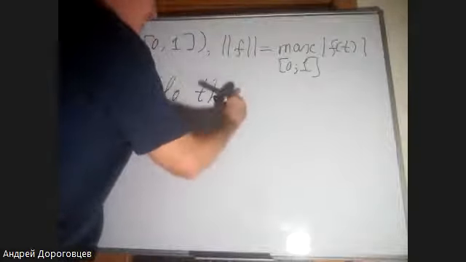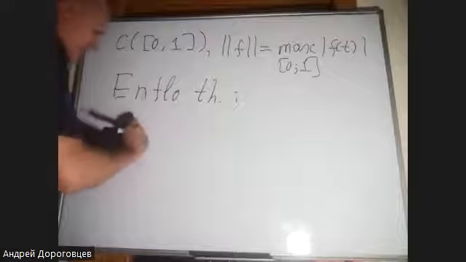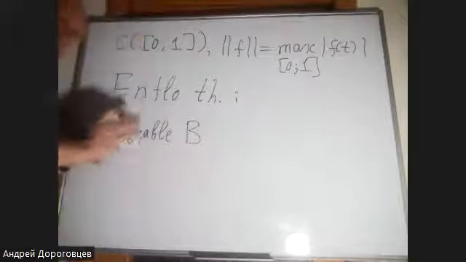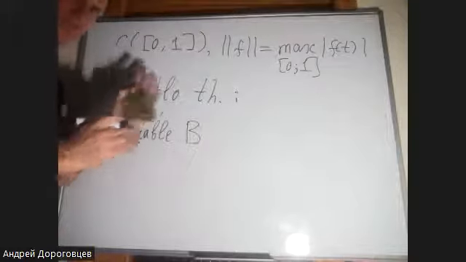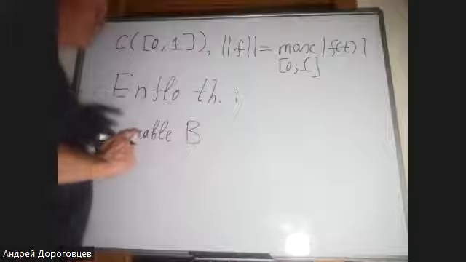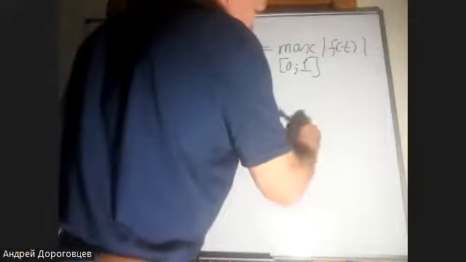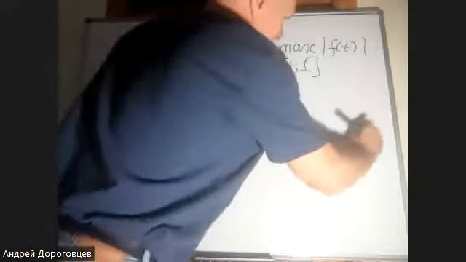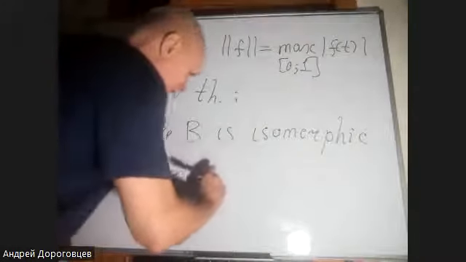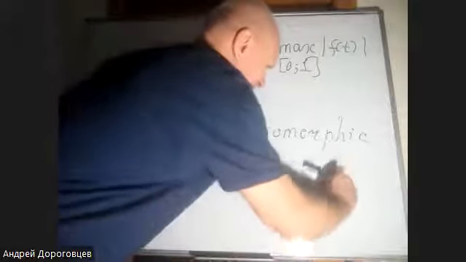theorem, which says that if we have a separable Banach space, just a separable Banach space, of course real, every space is real in our course, then it is isomorphic to some subspace of C[0,1].